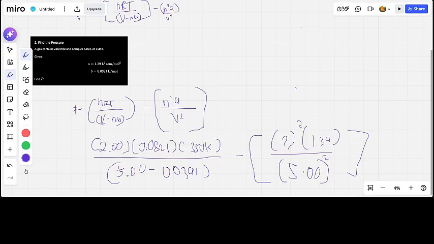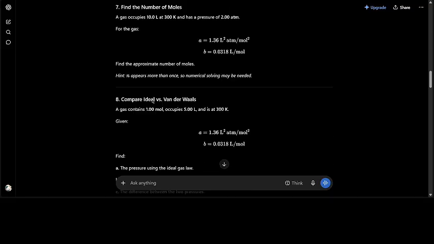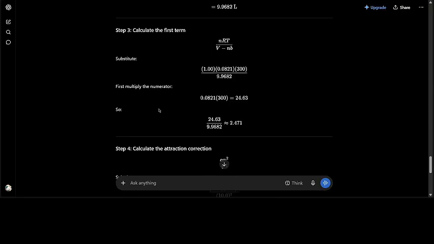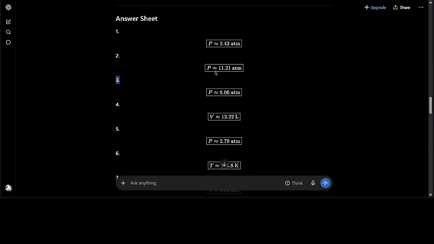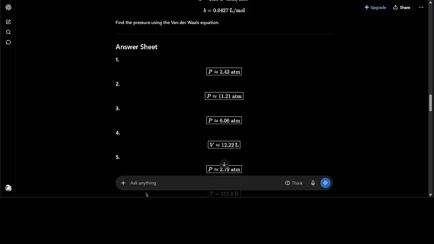Yeah, it still says 0.36. I'm not sure about that. Maybe it's 0.025 here. Still not it. I don't know why it is that way. Still says 11.21. But why? It's 11.34 here.